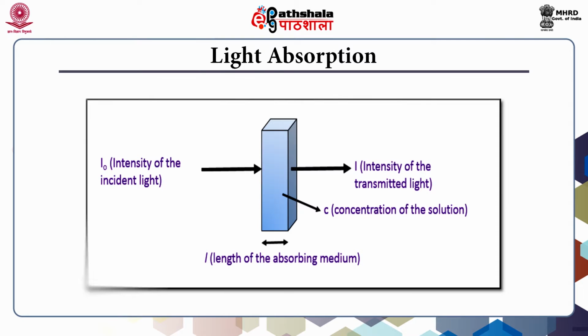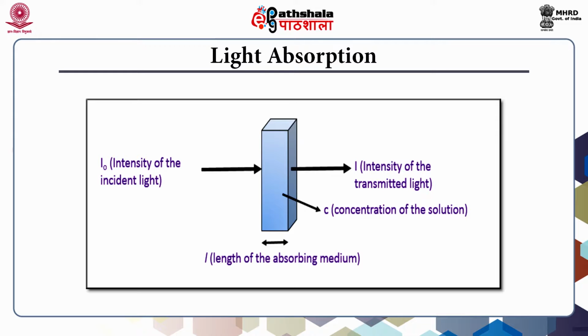The relationship between the intensity of transmitted light and incident light depends on the path length of the absorbing medium and the concentration of the absorbing solution. These factors are related in the Beer-Lambert's law. The intensity of the transmitted light, denoted by I, is always less than the intensity of the incident light, denoted by I naught.